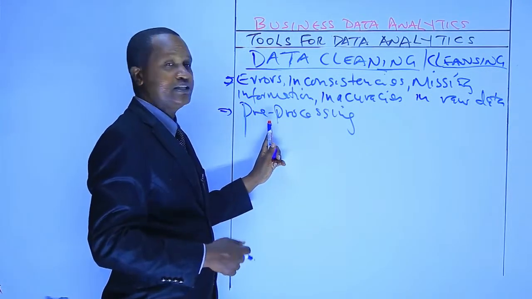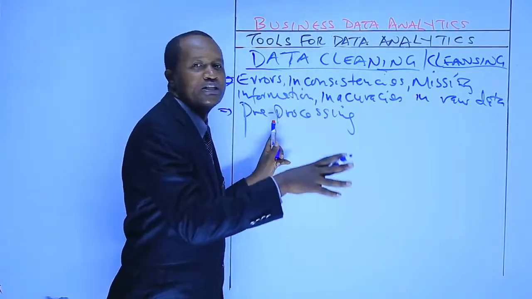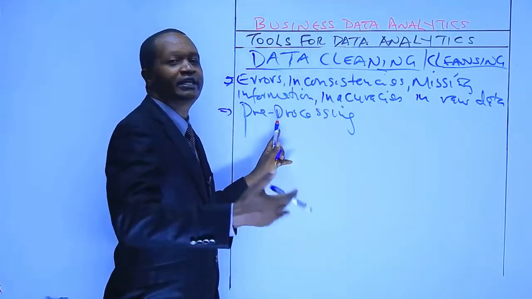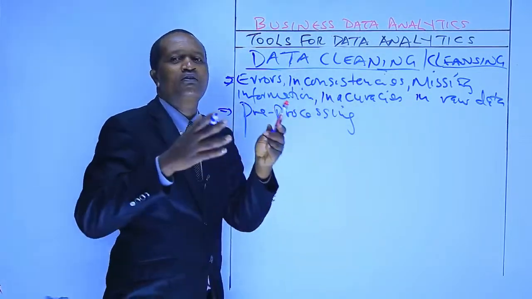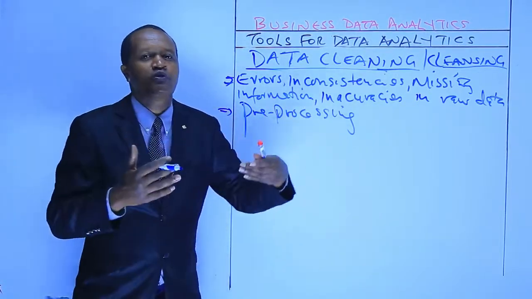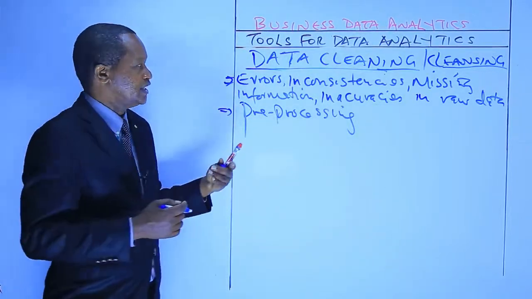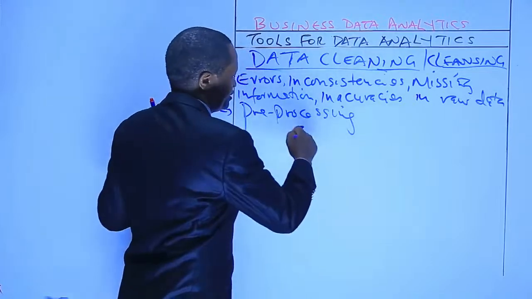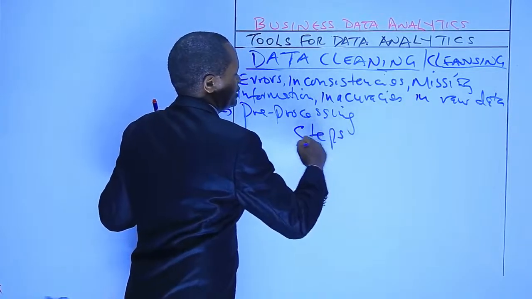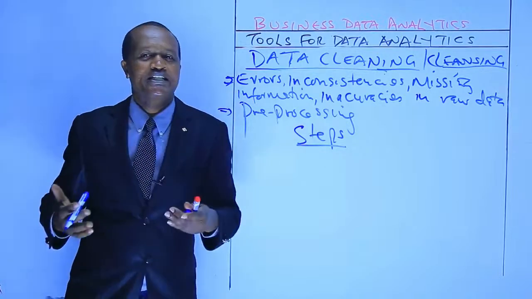It is a very important, essential step in data pre-processing, which involves transforming the raw data into a clean, structured format that is suitable for analysis. And candidates, in data cleaning, there are various steps. There are various steps when it comes to cleaning data.